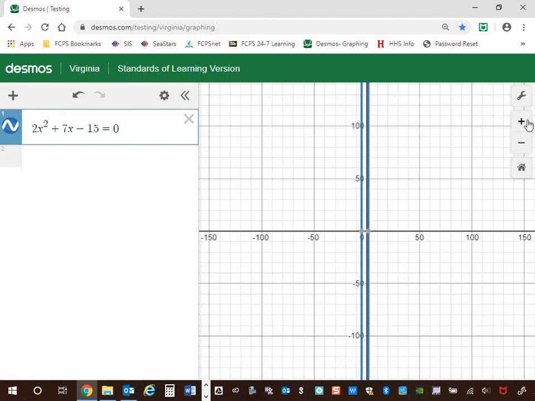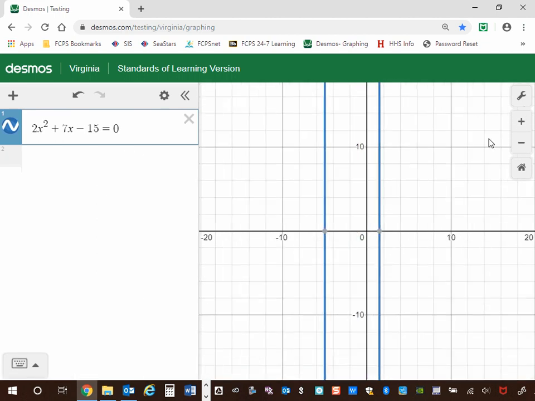There we go, minus 15. All right. Once you have this, do you see where we cross the x-axis? Those are your solutions. Your solutions are negative 5 and 1.5. Does that make sense? You can just type it in, you can get your solutions.